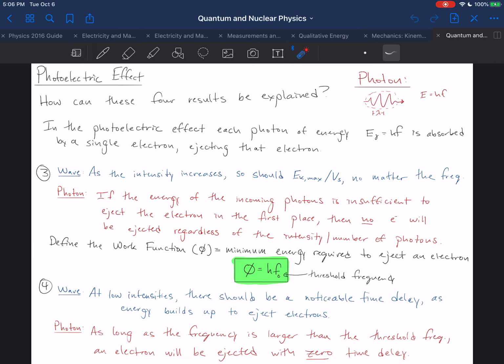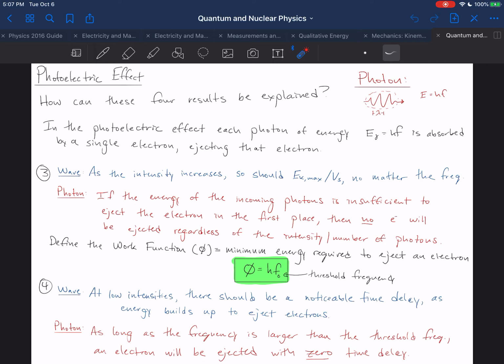So at this point, we can stop to define a useful value, which is known as the work function, which is a terrible name, but we're stuck with it. The work function is the minimum energy required to eject an electron from a metal, from a photosurface. It is given the symbol phi, and it is analogous to the first ionization energy on a bare atom. Okay, it's the same idea, except instead of a bare atom, you're talking about a metal.